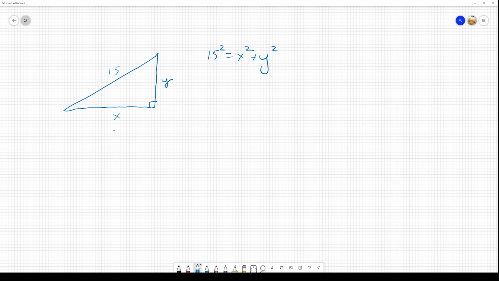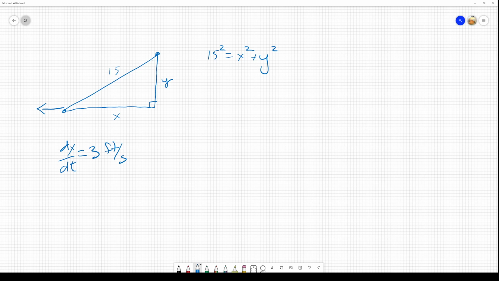Usually the way I think about this is, think of this as a ladder leaning against a wall. And what's happening is the bottom of the ladder is giving out, so maybe dx/dt is 3 feet per second, because the bottom of the ladder is moving constantly to the left.